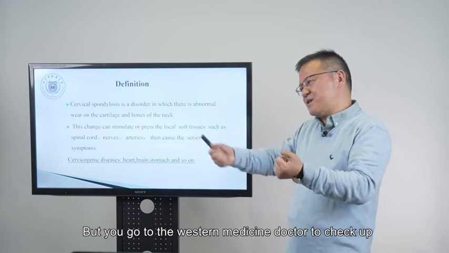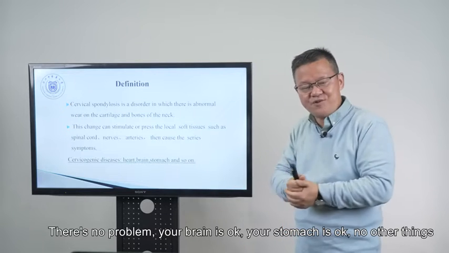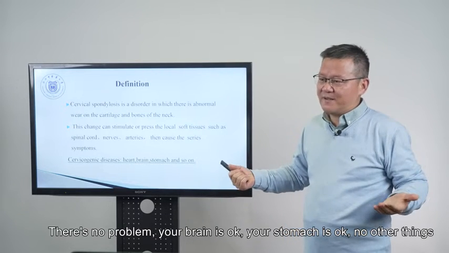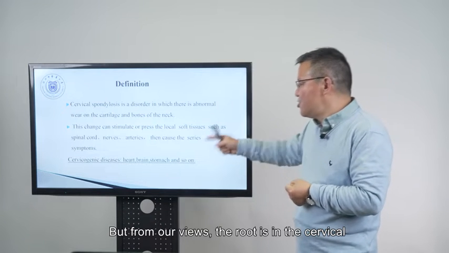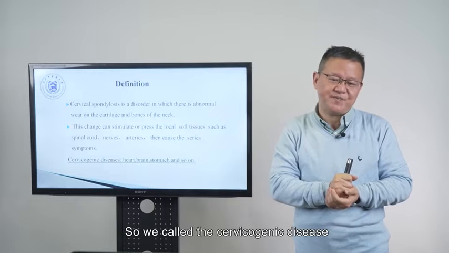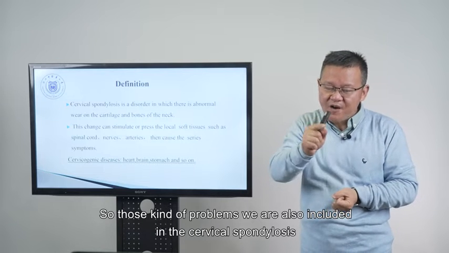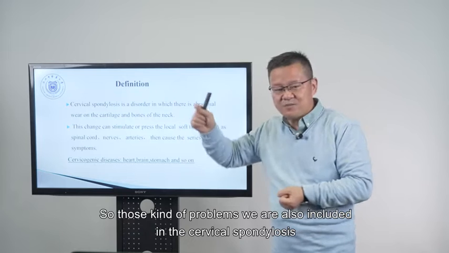But you go to the Western doctor to check, and they say, "No, your brain is okay, your stomach is okay, no other problems." But from our view, the root is in the cervical spine, so we call them cervicogenic diseases. Those kinds of problems we also include in cervical spondylosis.